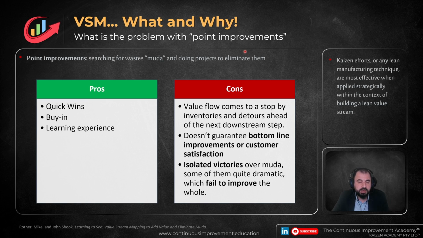In this case, you might end up creating an overproduction or overly produced quantity that you don't need, and your effort might ultimately be in vain. So, Kaizen efforts or any lean manufacturing technique are most effective when applied strategically within the context of building a lean value stream. So the value stream map permits you to identify every process in the flow and build an entire value stream according to the lean principles.